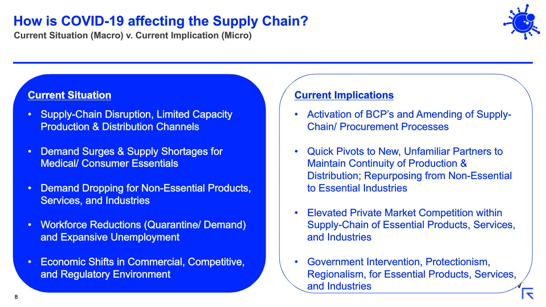With the elevated private marketplace competition and the shortages and rise of demand in sectors that weren't necessarily anticipating this kind of elevated market, we have government intervention. We have government protectionism and regionalism for the essential products, services, and industries.